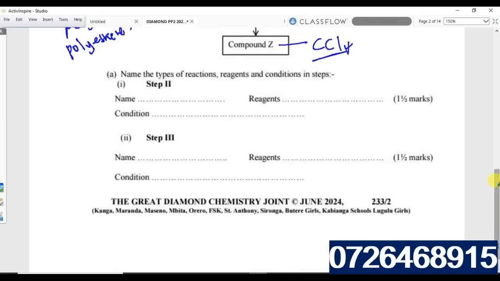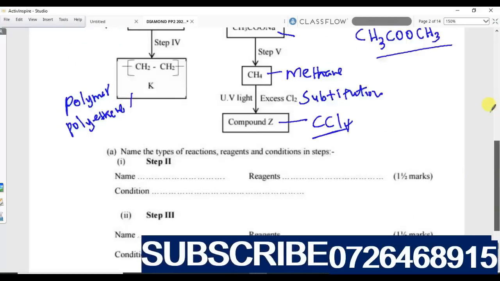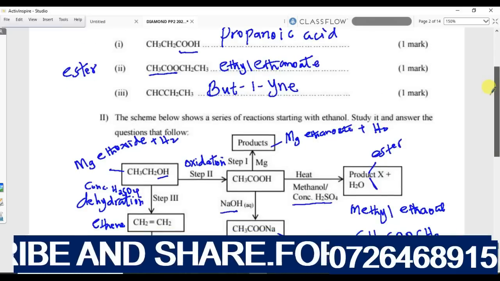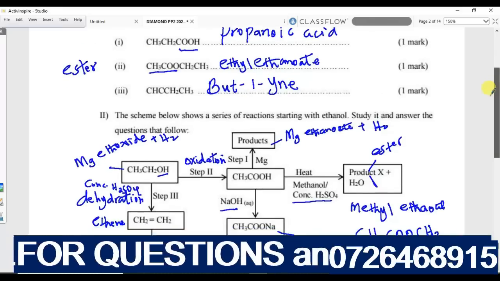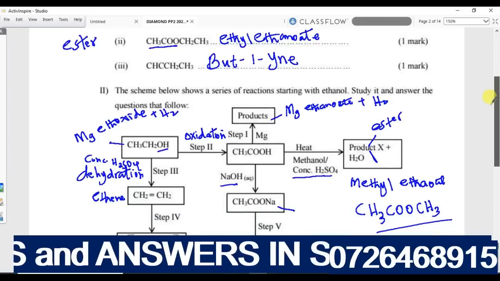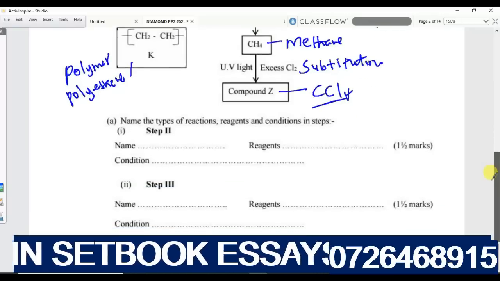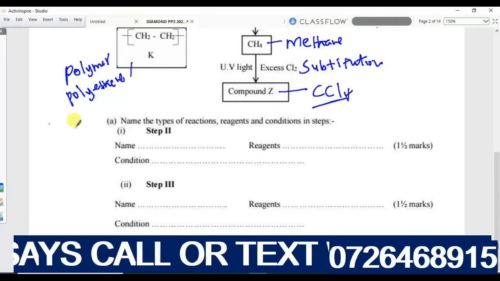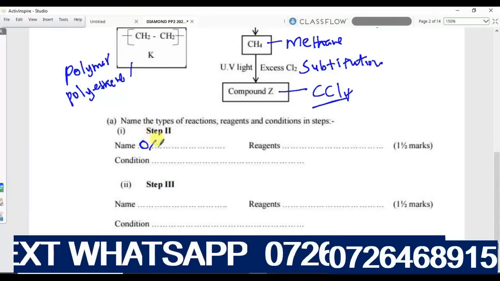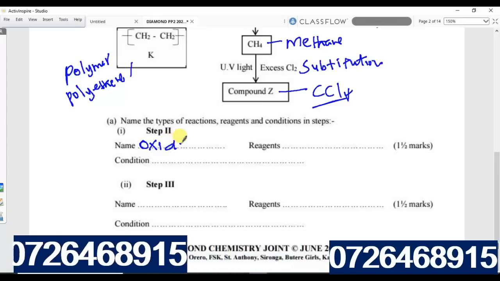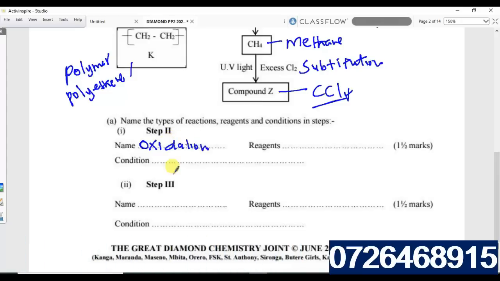Name the type of reaction and the conditions in step 2. Step 2 here is oxidation. The condition is you warm, that is temperature.